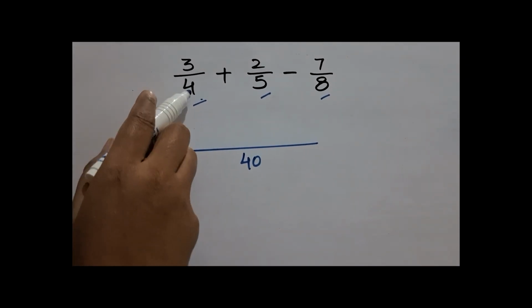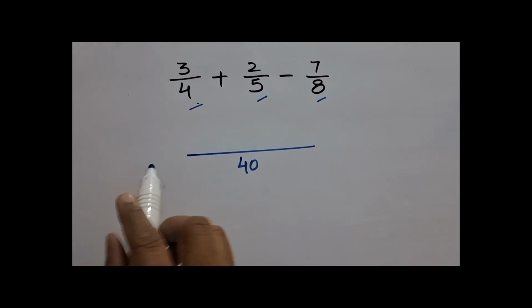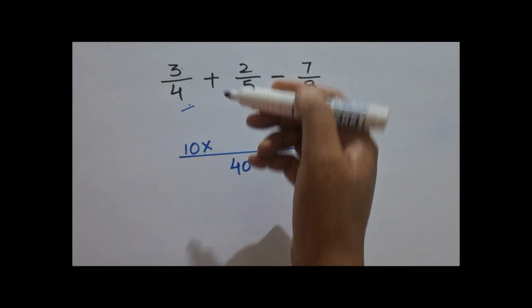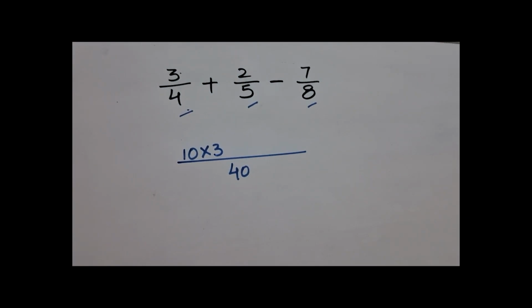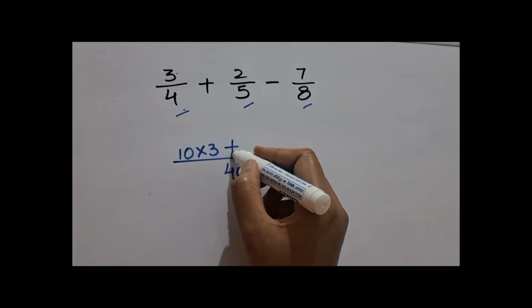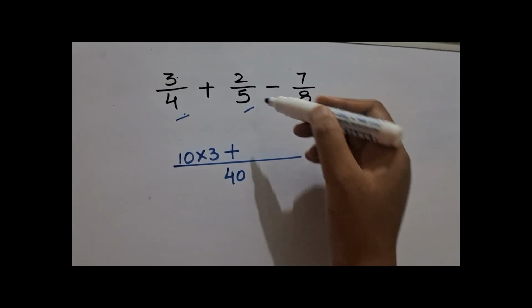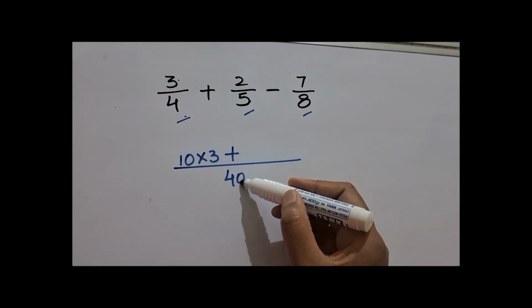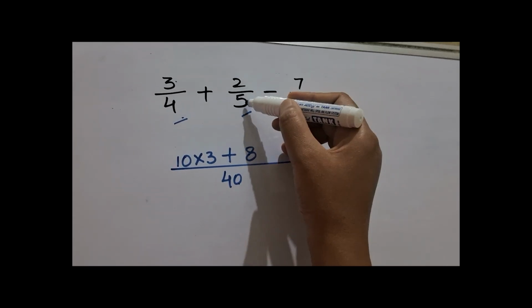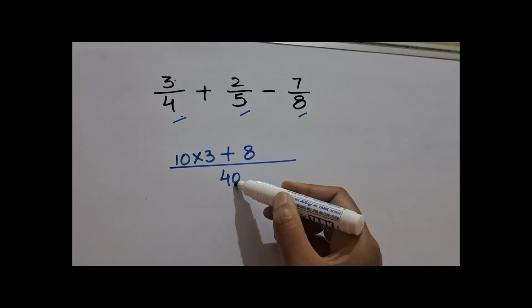Now 4 into what is 40? 10. So 10 multiplied with numerator 3. Now next here plus is there, you put that sign plus. 5 into what is equal to 40? 5 8s are 40.